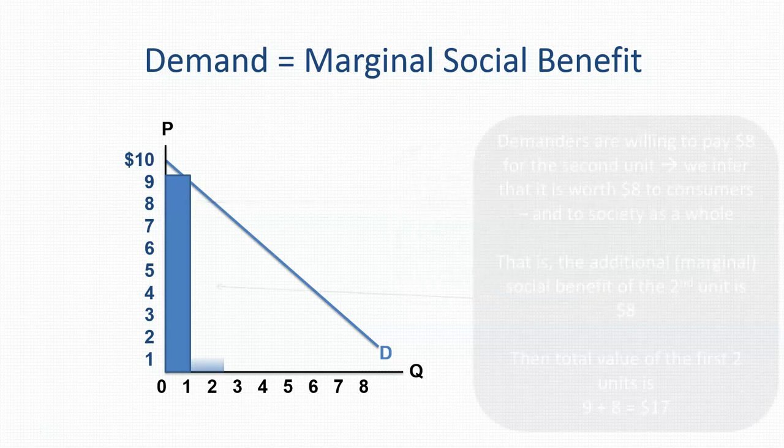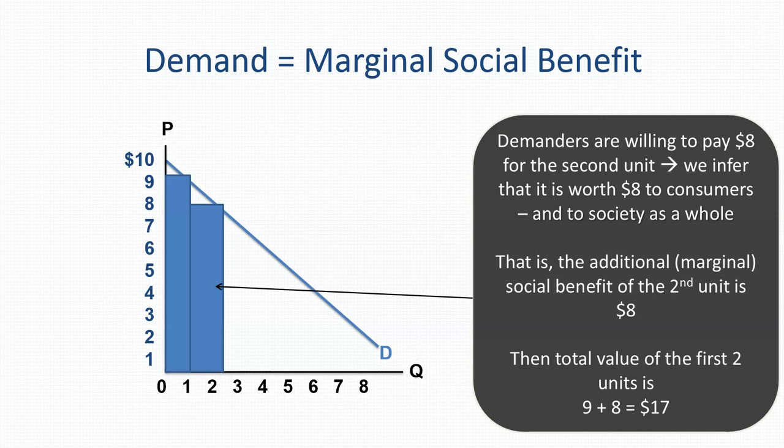And we can go on down the demand curve and look at each next additional or marginal unit the same way. According to this demand curve, the price of $8 corresponds to a quantity of 2. We can infer from that then that demanders here are willing to pay $8 for that second unit, and therefore, again, we can infer that $8 is what that second unit of this thing is worth to society as a whole.